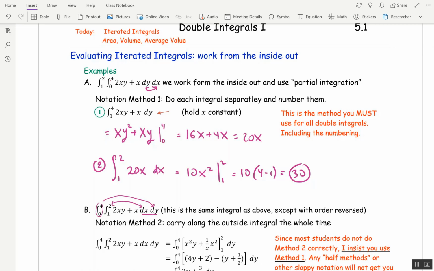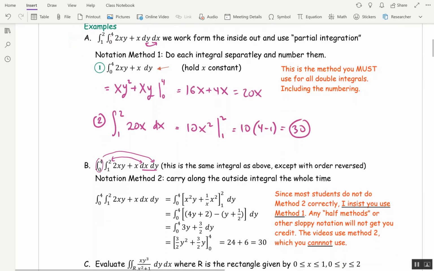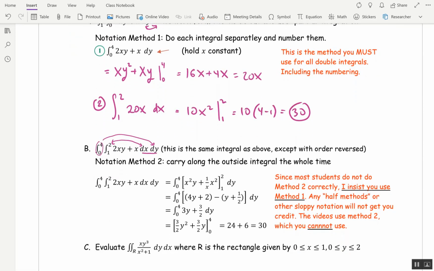Notation method 2, you're not allowed to use, but I do want to mention it because of the videos. I love Sousa, as you know, I really love him, but I don't like the fact that he does his double integrals using method 2, because students have a really hard time using method 2, which is to carry along the outside integral the whole way as you're doing the inside integral.